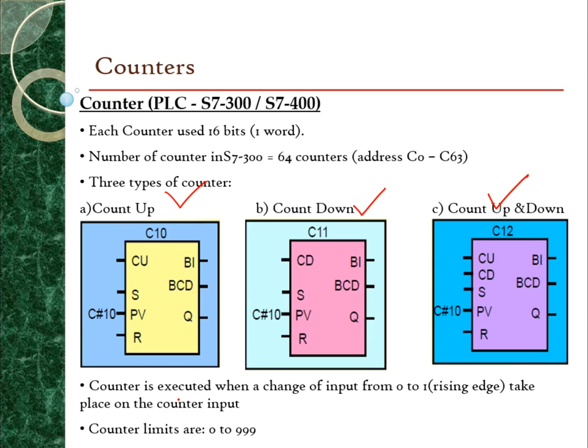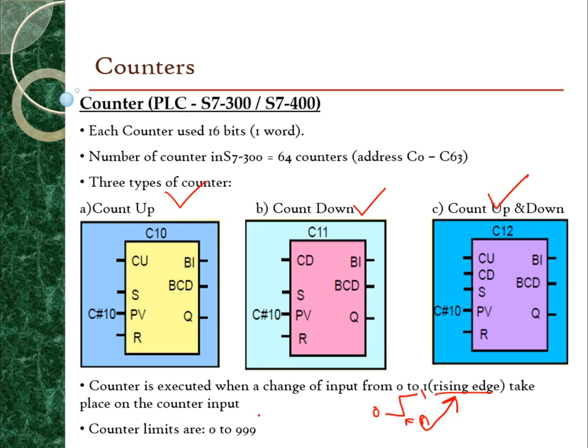The counter will be executed when the input changes from 0 to 1. This is the rising edge of the signal from 0 to 1. When the trigger value changes from 0 to 1, during this rising edge, the counter will start counting, either counting up or counting down.